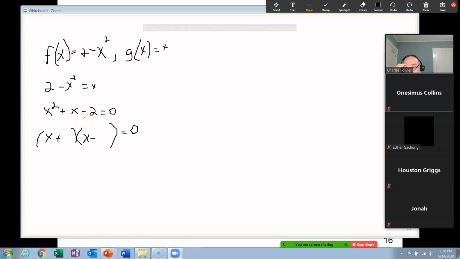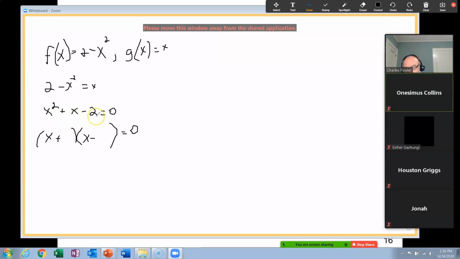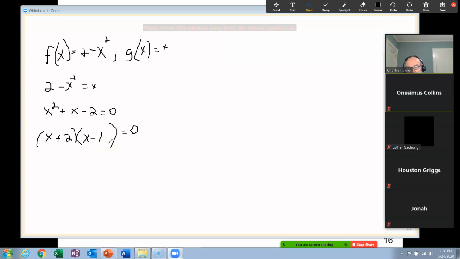Now, which sign wins? The positive sign, so that's going to be the larger number. What's the only possible factorization of 2? 2 and 1. There's no guarantee this is going to be the answer, but let's check it. X times x is x squared. That's foiling it. X times minus 1 is minus x, plus 2x, that's going to be plus x, minus 2. Sure enough, that works.